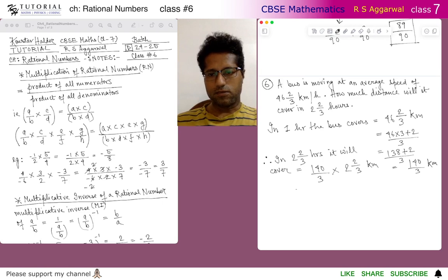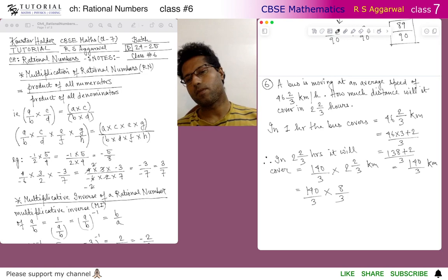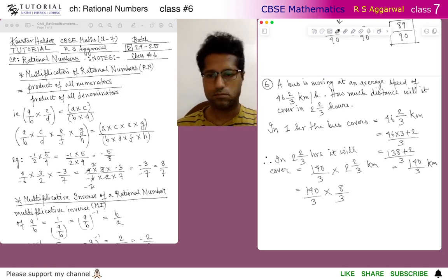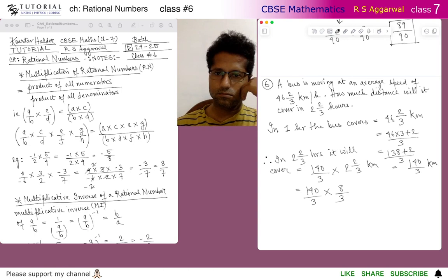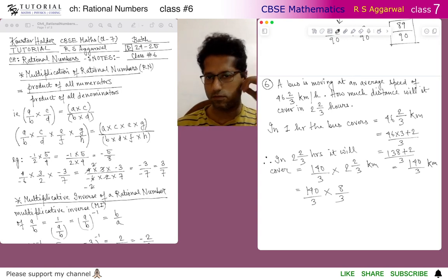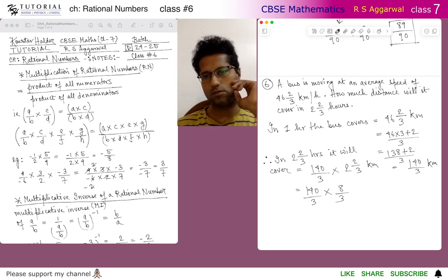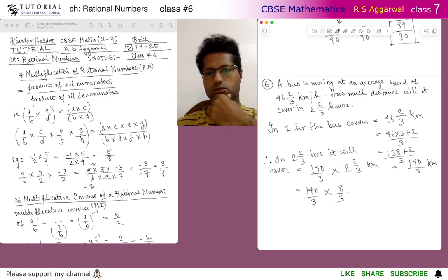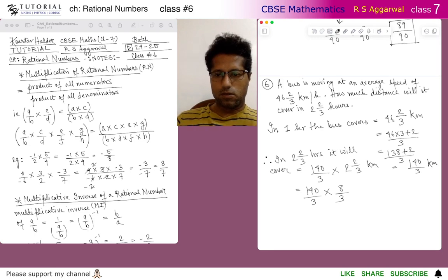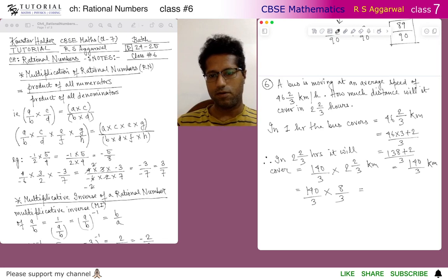Okay. So let's convert the mixed fraction to an improper fraction. So this becomes 140 by 3 multiplied by 8 by 3. So this is a multiplication of two rational numbers, and the denominators are already same.